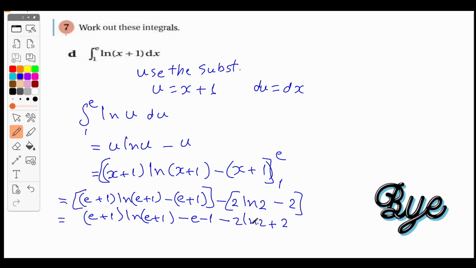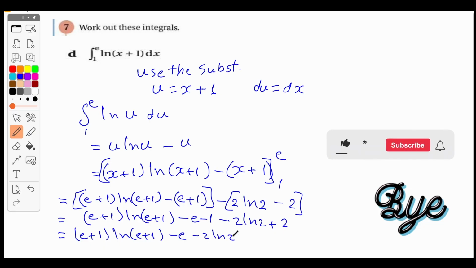Here we have positive 2 and negative 1, so the final answer is e plus 1 times ln of e plus 1, minus e, minus 2 ln 2, and then positive 2 and negative 1 will be plus 1. This is the final answer for this question.